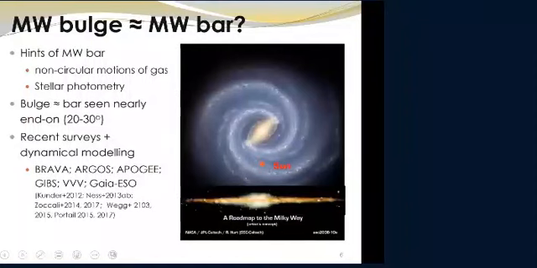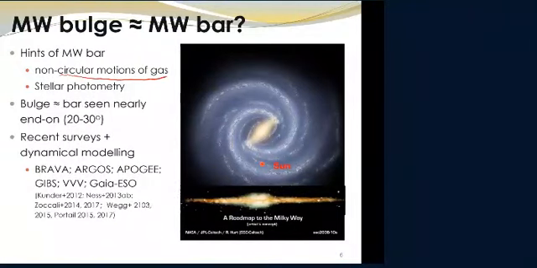Right now I think it's relatively well established that the Milky Way bulge is roughly the Milky Way bar seen edge on. We have had hints of the Milky Way bar since a few tens of years ago. It was first hinted by the non-circular motion of gas.